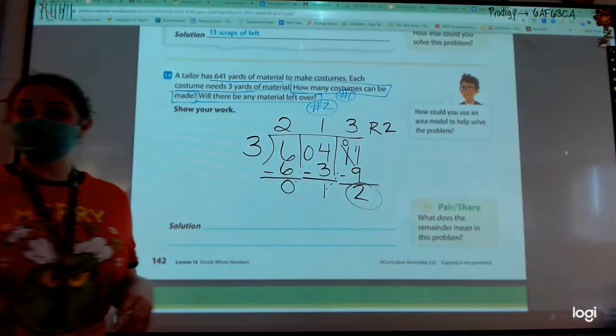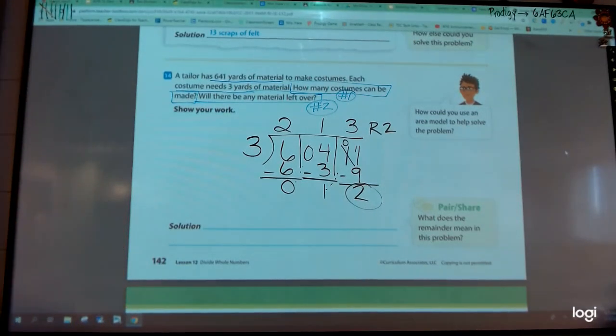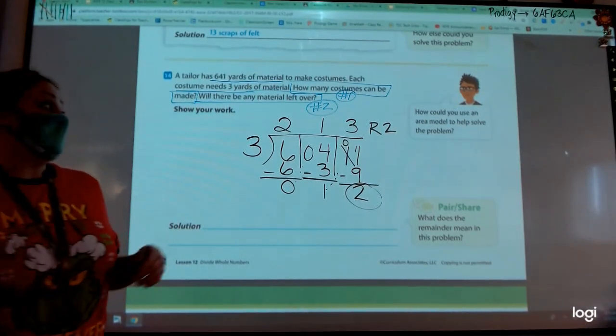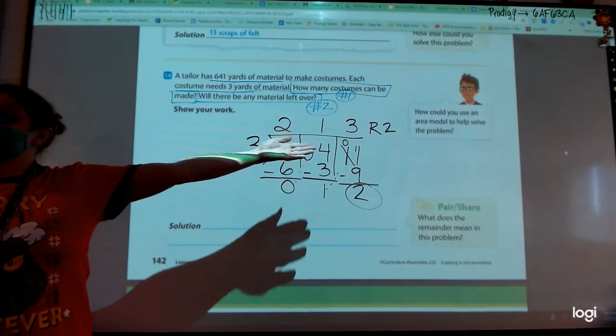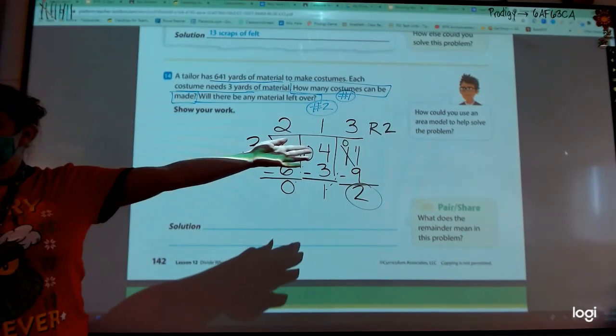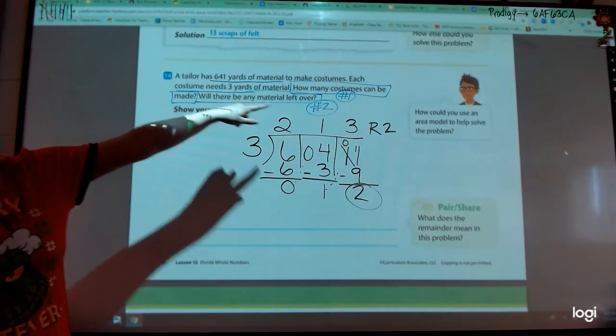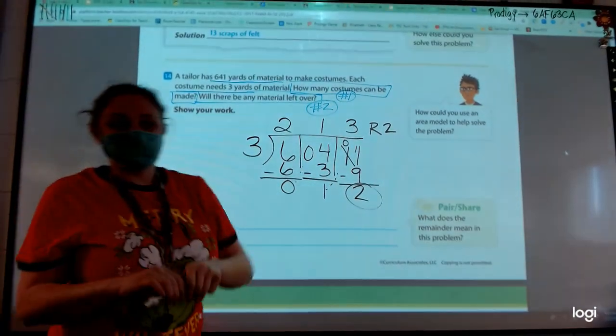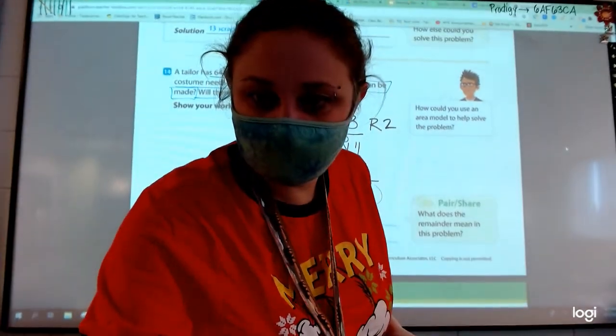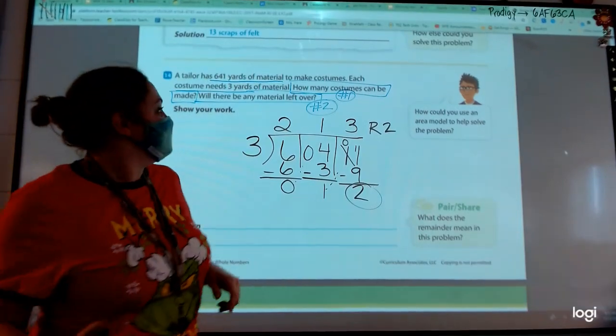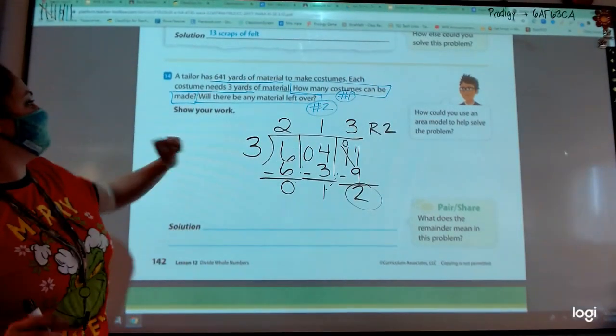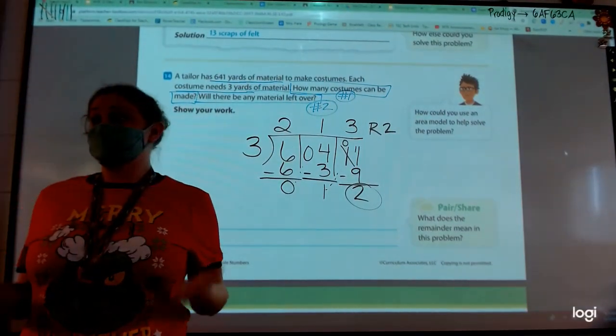Okay, is that my answer to the question? Nope. It's technically the answer, but have I written it correctly to answer the question? Nope. So they asked first question. Okay. So the first question said, how many costumes can be made? So what's the answer to the first question?